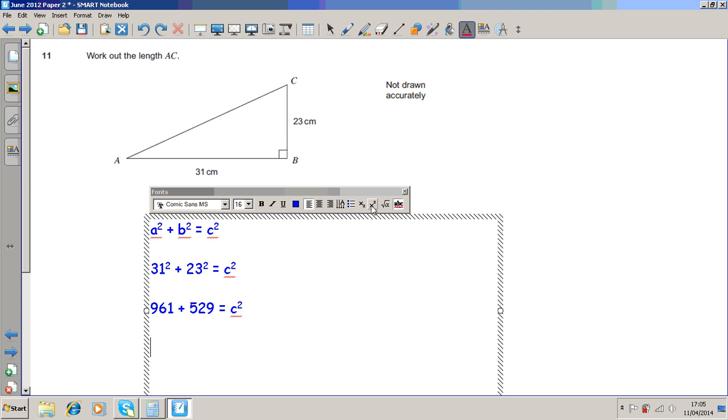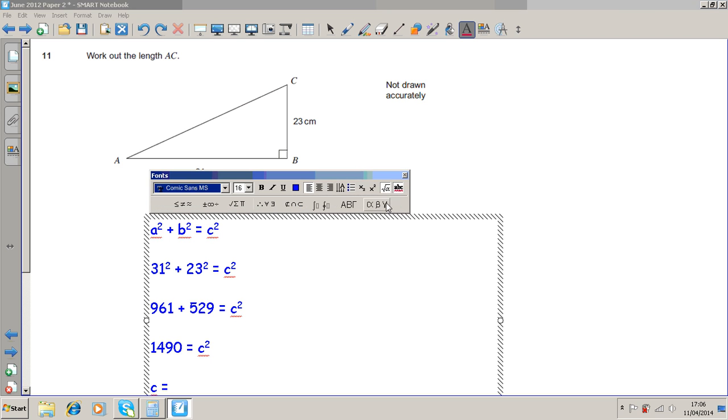Add them together, and we get 1490 equals c squared. So finally, to finish off, c is equal to the square root of 1490.